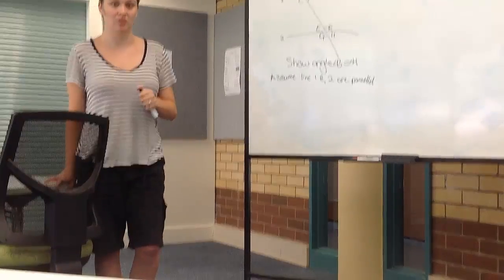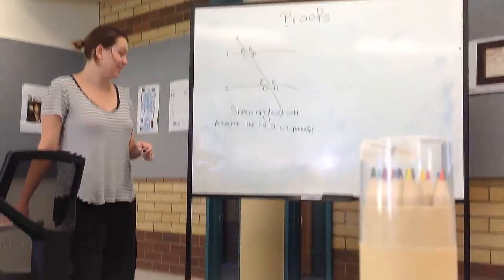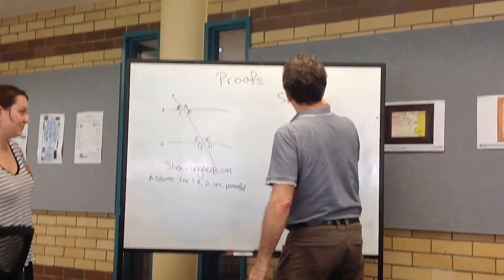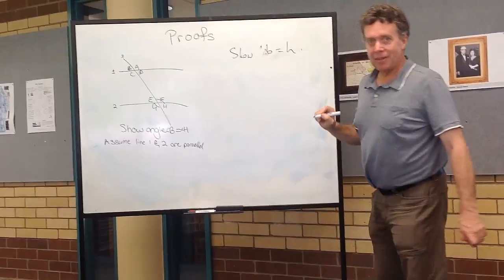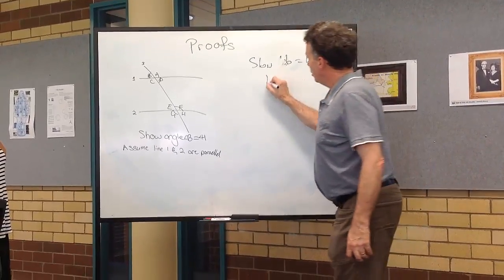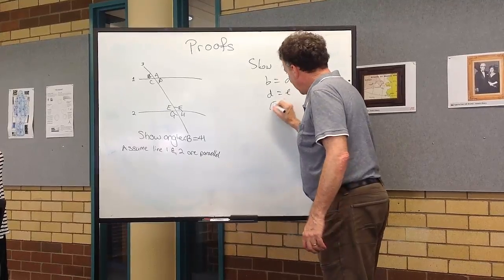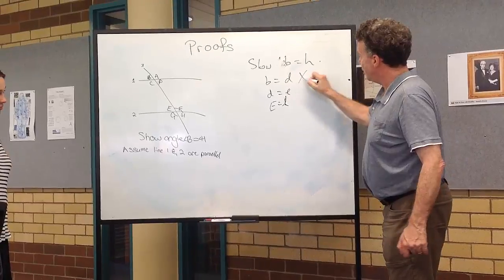Yes. Rather than just going, think about the way we've done it as compared to, all right, given that, show that angle B equals H, and then immediately expecting them to go, well, B equals D, D equals E, E equals H, on a piece of paper using these sorts of rules.